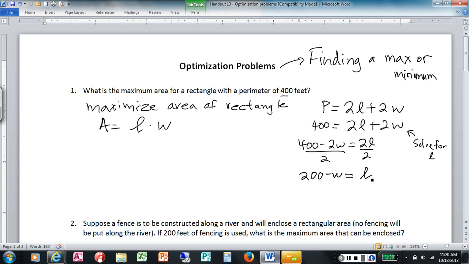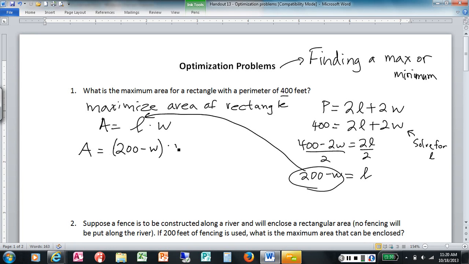So L is 200 minus W. And so that'll help me back in here then. If I take that 200 minus W and I plug it in for L, back in the other one I'll have A equals 200 minus W times W instead of L times W. Okay?